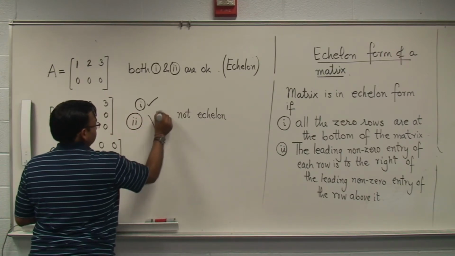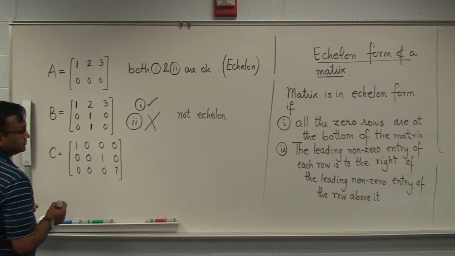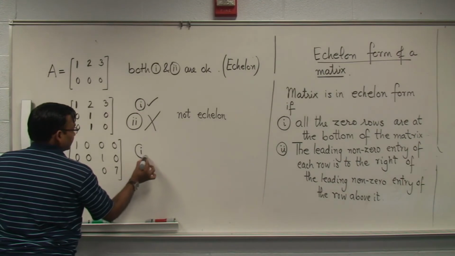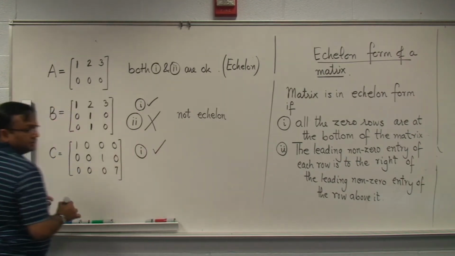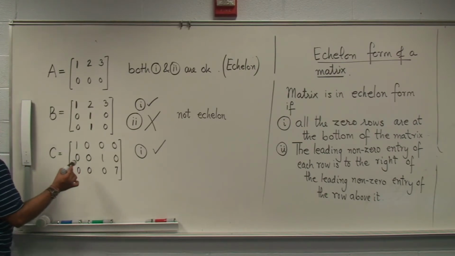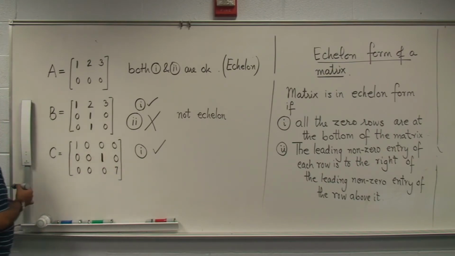Okay, now let us look at the third example. Again, there is no zero row, so we don't have to worry about it. So the first condition gets satisfied automatically. The second condition says each leading non-zero entry should be to the right of the leading non-zero entry above it.